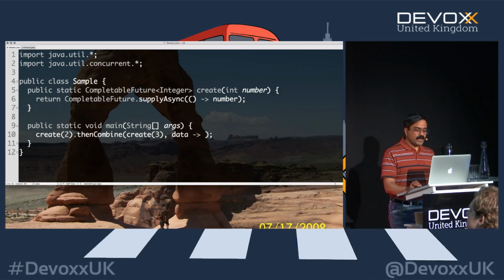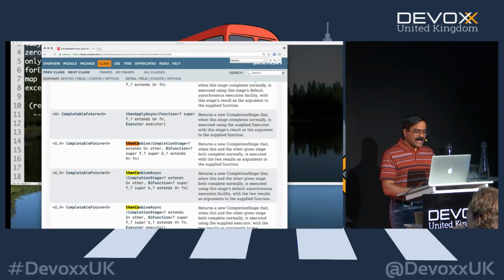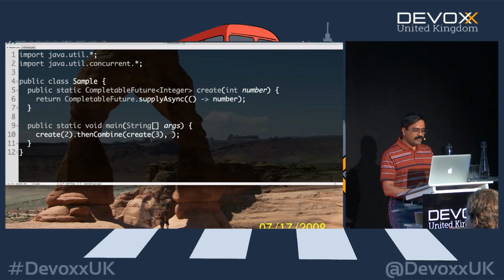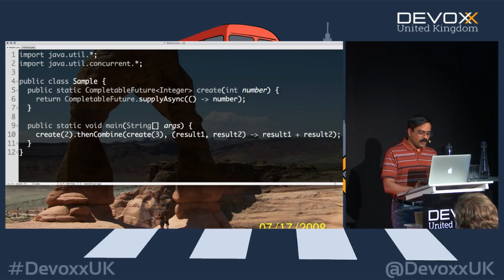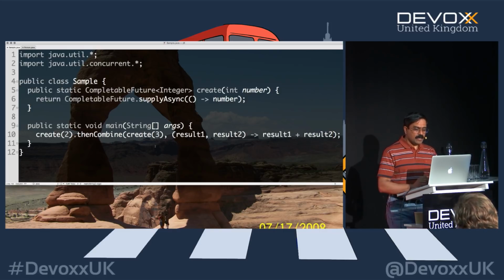Now, what does this really do for me? Notice the second argument is actually a BiFunction, which means let's call it result1, result2, and then I'm going to take those two and return result1 plus result2. So that's what I'm going to return from this call of the 2.